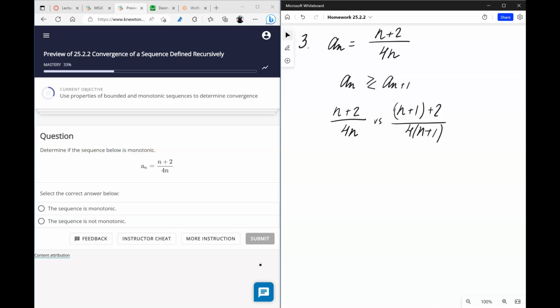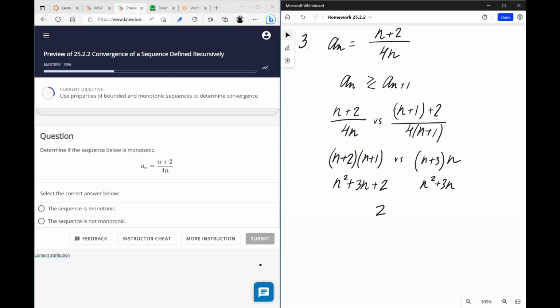Everything is positive, so we can multiply by the common denominator. Let's multiply by 4n times n plus 1. So here we have n plus 2 times n plus 1. The inequality did not change, it's still the same. Here we have n plus 3 times n. And now we have n squared plus 3n plus 2, and here we have n squared plus 3n.